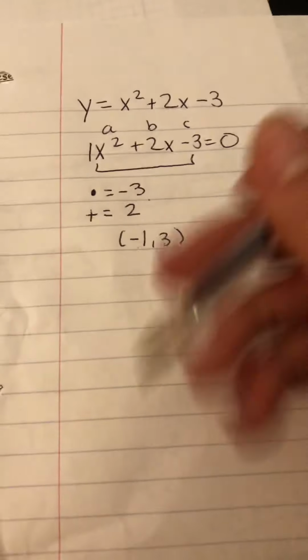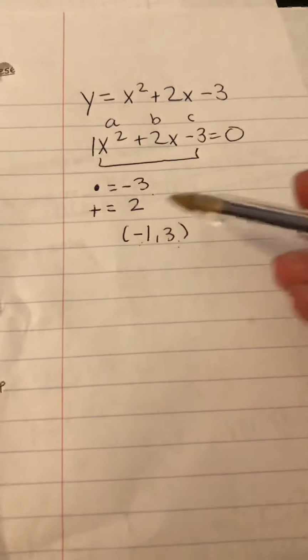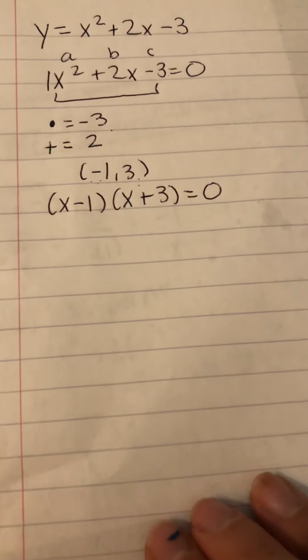If you learned a different way to factor or identify the numbers, that's fine. This is just how I've always done it and how I've always taught it. So now I need to use these numbers. I have (x minus 1) times (x plus 3) equals 0. Then I'm going to set each of these pieces equal to 0.